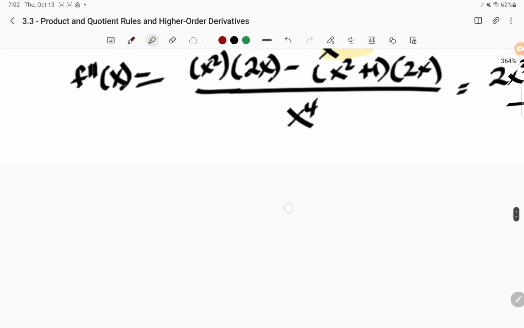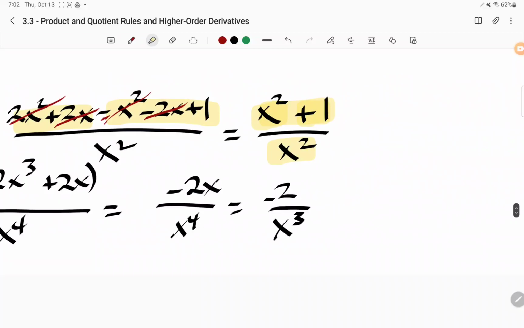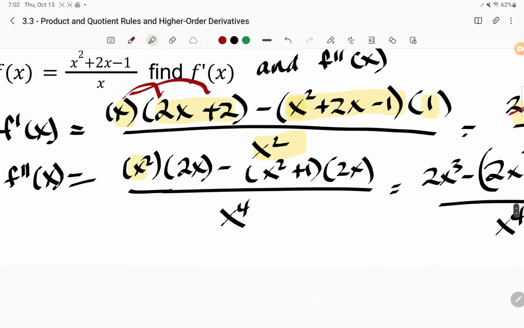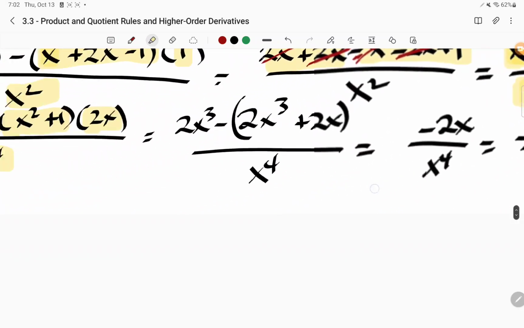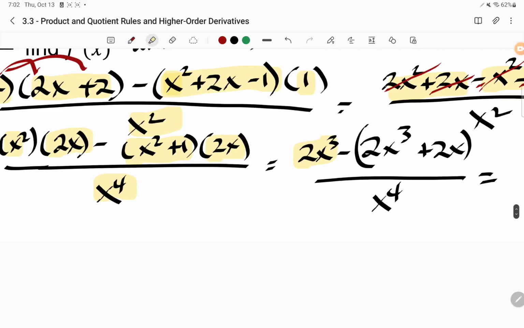Okay, let's go ahead and try to find the second derivative. And we're finding low d high minus high d low. So here's your low, here's your high. So low times the derivative of high minus high times the derivative of low over low low. So that's x squared squared, which is where the x to the fourth comes from. And then when you multiply things out, you would get 2x to the third minus, because now you have to take this 2x and distribute in, which is where the 2x to the third plus the 2x comes from.